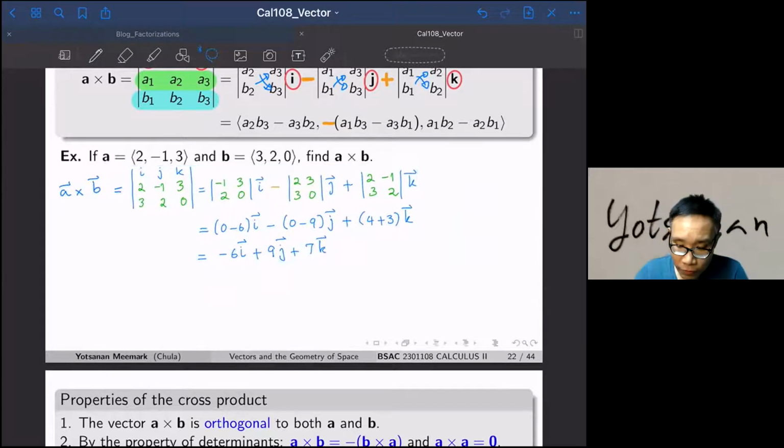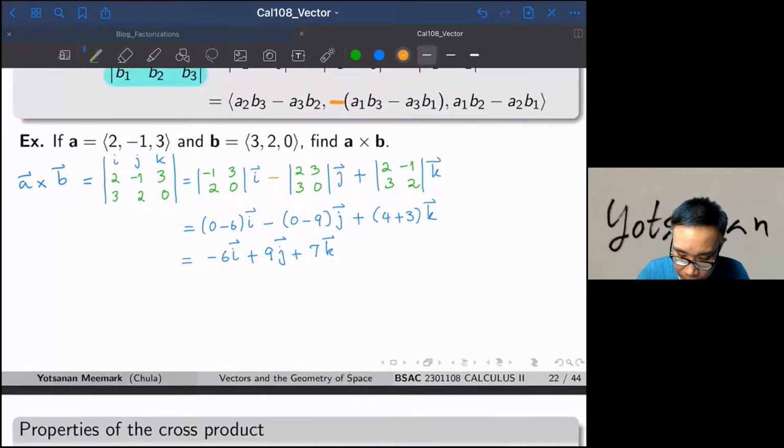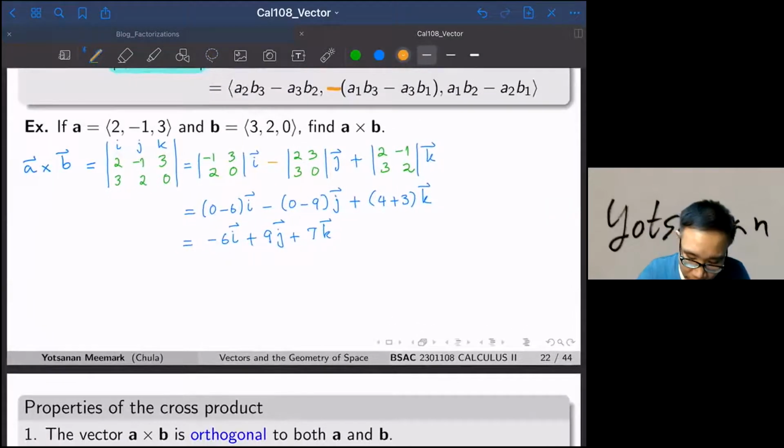Okay, so for B cross A, it will be the same thing. However, the setup will be a little bit different. So you have I, J, K, and you're gonna have the green vector differently. So it's gonna be 3, 2, 0, and 2, -1, 3.